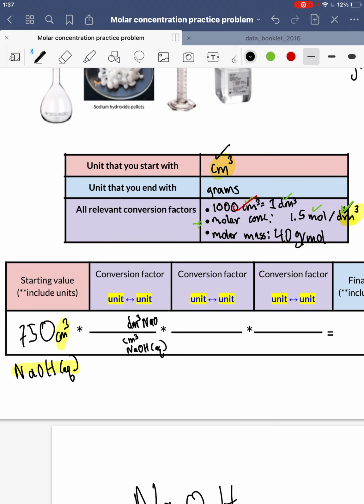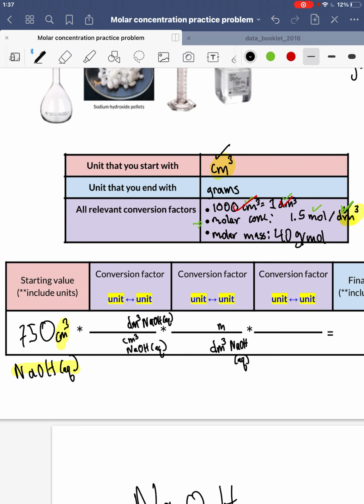And again, decimeters of NaOH aqueous. So if I have decimeters of NaOH aqueous on top, then on the bottom in my next unit, the same thing, so that they'll cancel.